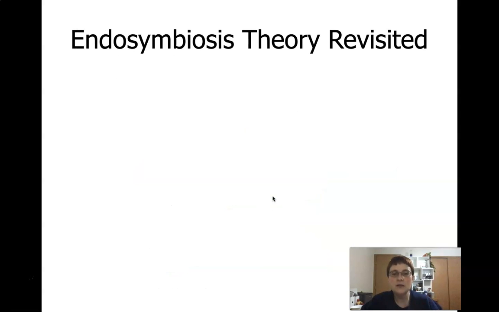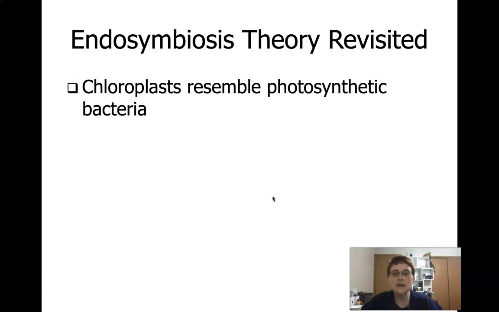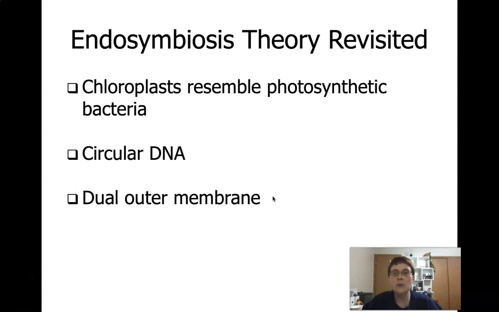So just another reminder for that endosymbiosis theory. Chloroplasts resemble those photosynthetic bacteria. They have circular DNA and a dual outer membrane, just like mitochondria have their circular DNA and a dual outer membrane, and resemble bacteria that can use oxygen to turn food molecules into energy.